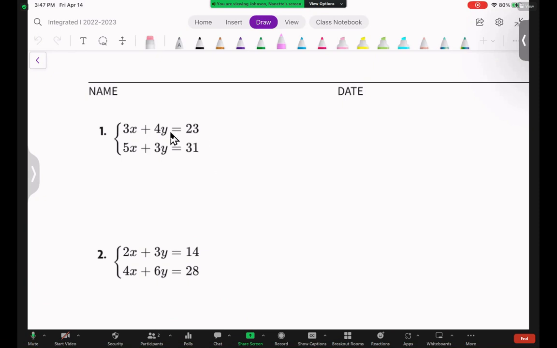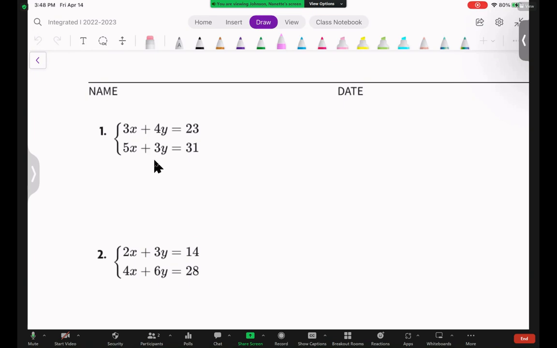And elimination, if you remember from the previous 2 lessons, you want one of these variables, either x or y, to be eliminated. In order to do that, they need to match. These don't match and neither do these. So we need to figure out a way to do that. So you're going to pick which you want to eliminate, either x or y.